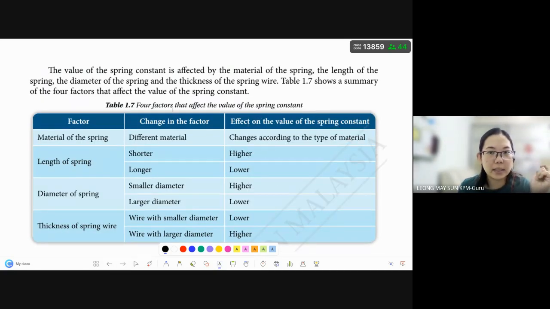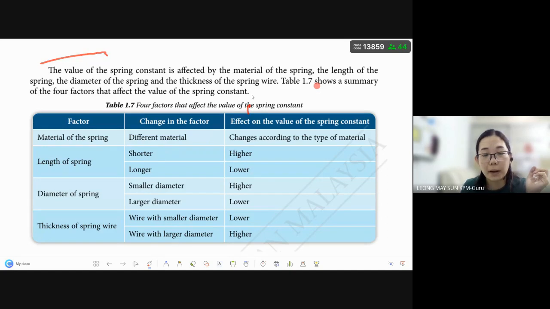This is based on your textbook. According to the textbook, the value of the spring constant is affected by the material of the spring, the length of the spring, the diameter of the spring, and the thickness of the spring.